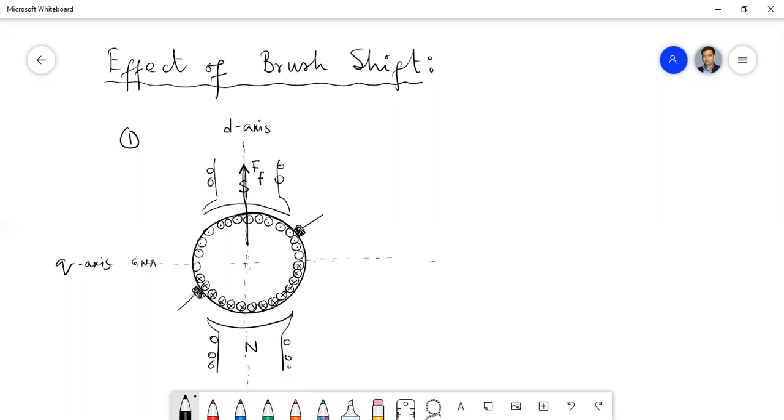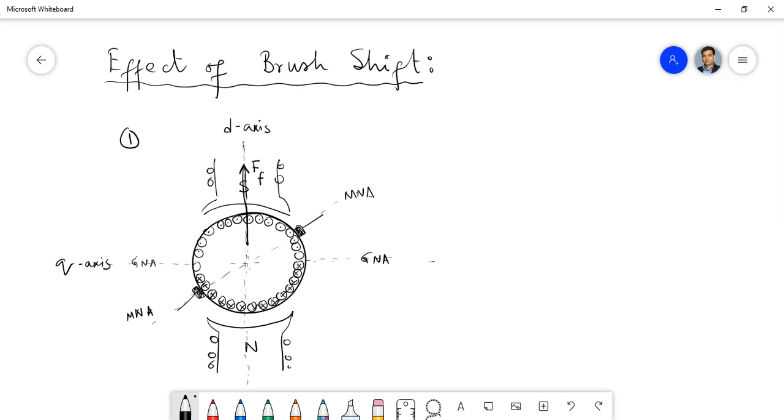Because due to the armature reaction, the new MNA formed is here. So this MNA location is in this axis now for this particular armature current. Therefore I have shifted the brush over there. I think this is clear.